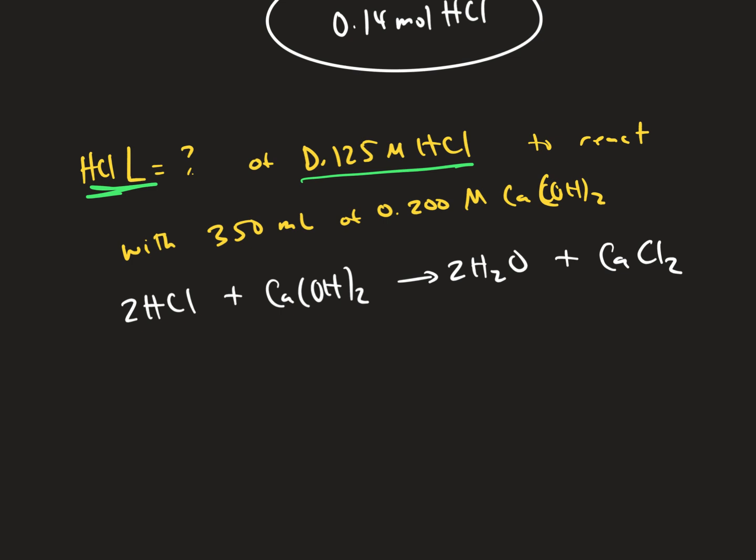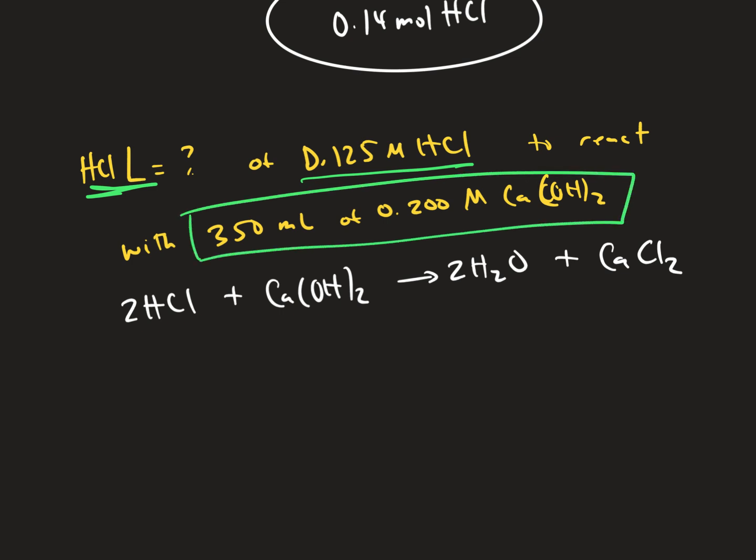We need to cancel the moles of HCl, right? So we got to know moles of HCl. You with me? So I'm going to erase all that. We need to calculate moles of HCl first. We kind of just did that from here, didn't we?